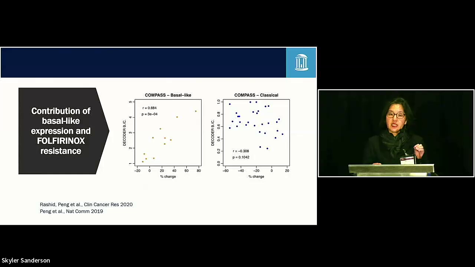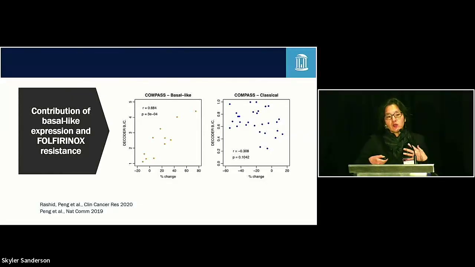We can actually see this on a bulk level, and this was hidden a little bit when we first published our paper, but we can look at the fraction of basalness, or the fraction of basal expression, in a tumor. If you pay attention to the box plot in the middle with the orange and the basal-like, you can see a direct correlation between how basal a tumor is and how resistant it's going to be to FOLFIRINOX.